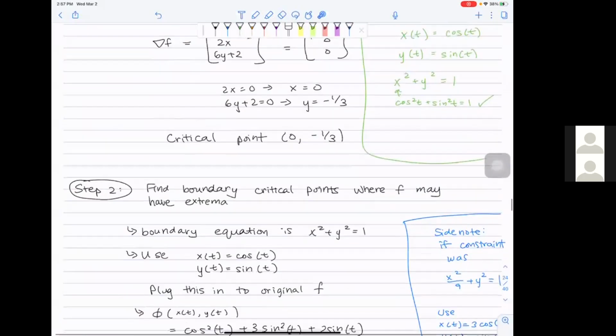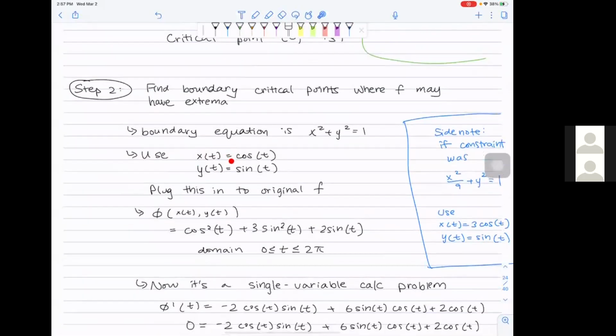Once we have our parameterization, we follow the same steps again. We plug cosine and sine into our original function. Now we have an equation with just one variable t. You take the derivative, set it equal to 0, get your critical point. That makes sense?